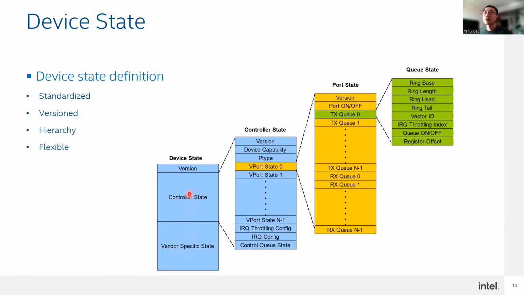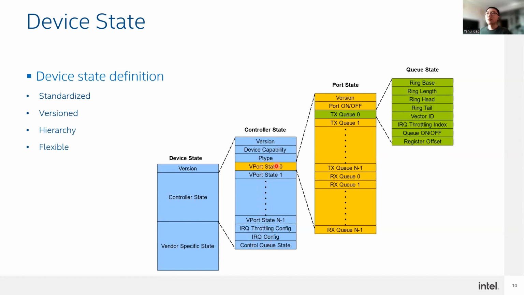In our control state, it is all about what controls have been defined in our virtual channel 2.0 role. Normally a control may contain the device capability, packet type, how many vPorts it has, what its vPort state is, and also other interrupt related configuration.